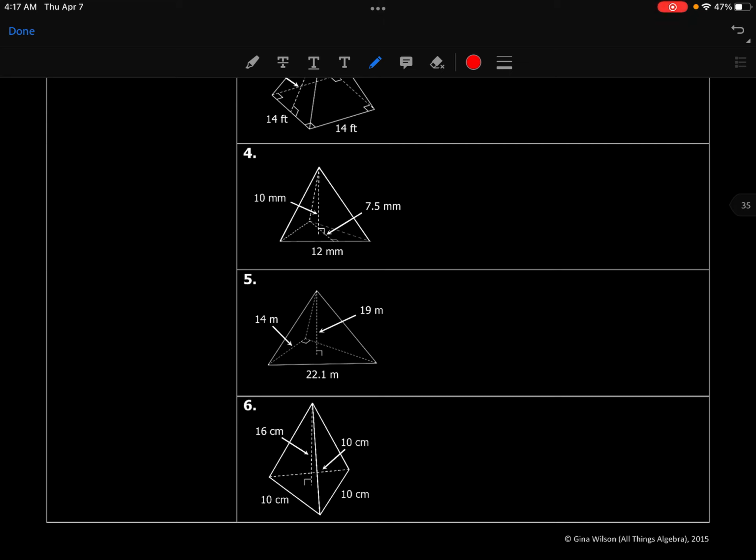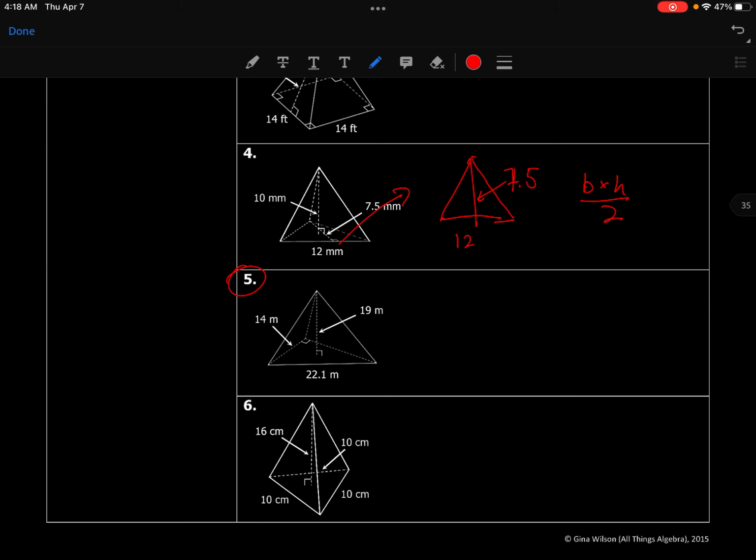Or if you guys notice, if you want to find the area of the base, this one has a triangle where the height is 7.5 and the base is 12. So all I have to do is base times height divided by 2 for this one. But for the next question, number 5, you're not given the height of a triangle of the base.